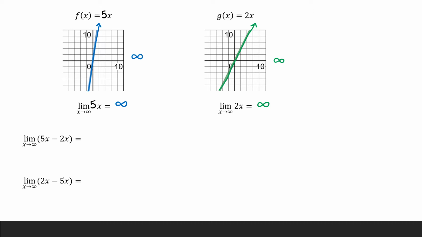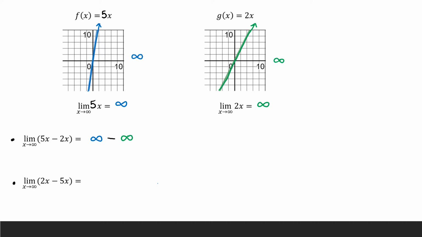So something interesting happens if we try to look at the limit as x approaches infinity for the quantity of 5x minus 2x. Well, if we try to use our limit laws to split this up, we end up with the limit as x approaches infinity for the 5x, which is infinity, minus the limit as x approaches infinity for 2x, which is also infinity. So we end up with this infinity minus infinity.